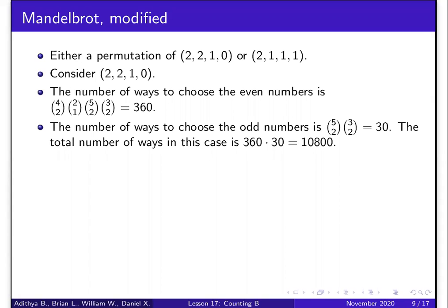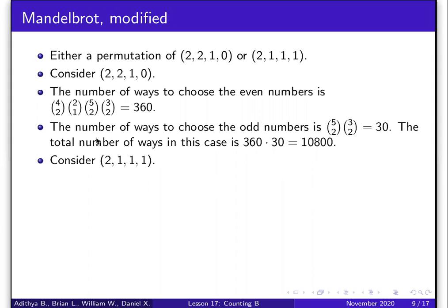So then it would be 5 choose 2 to choose which ones go in the first set, and 3 choose 2 to choose which ones go in the other set. And the last one is determined. So that's 30. And the total number of ways to choose all of the numbers was 360 times 30, or 10,800. So that's the first case.